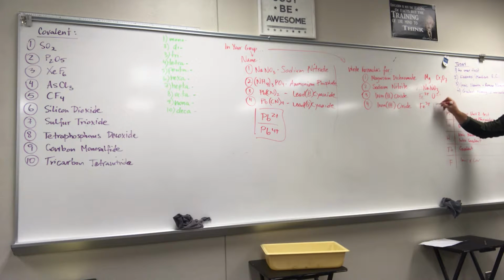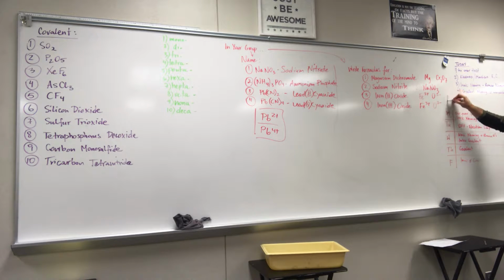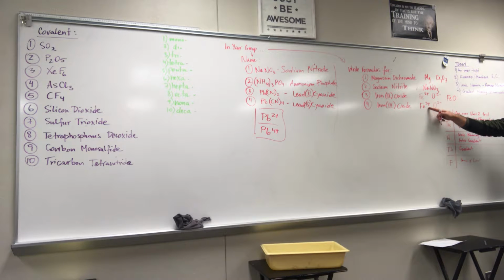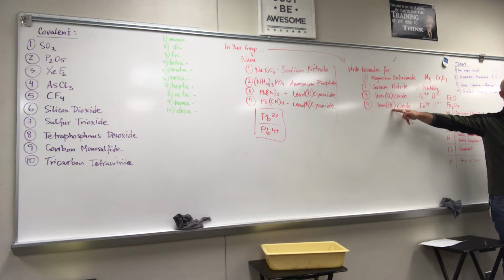So doing the crisscross method, for the first one, the 2s will simply cancel out, FeO, right? Hey, you might learn something. And then 2 and 3, so we get Fe2O3.